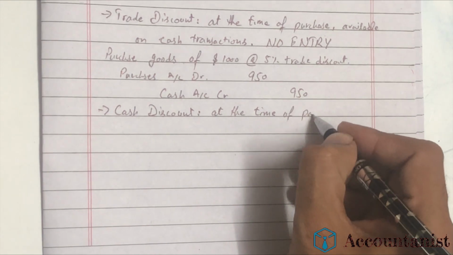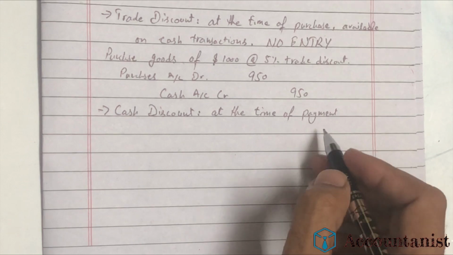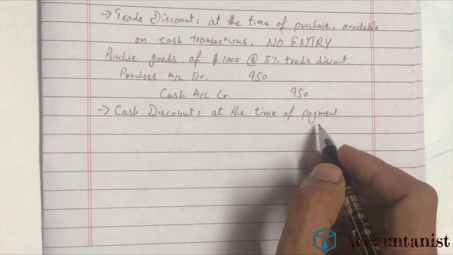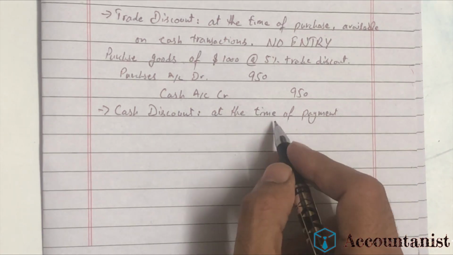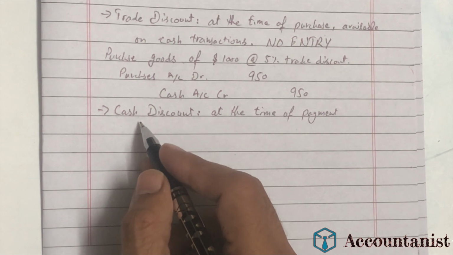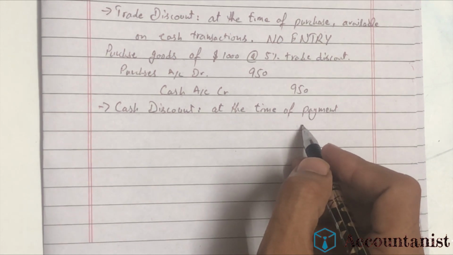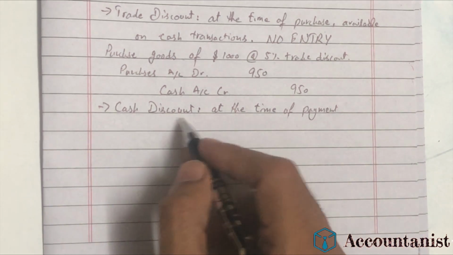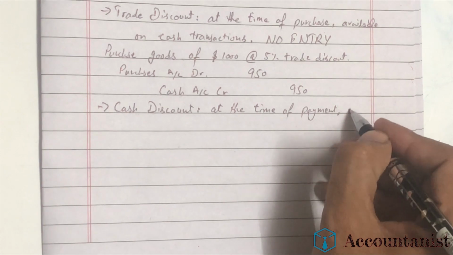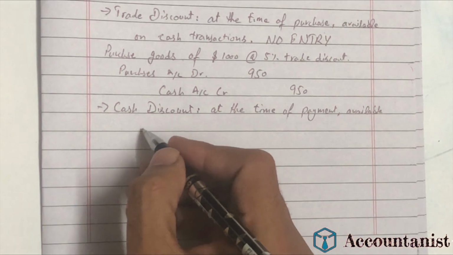It means we purchase some goods or anything on credit. After a certain period of time, once we go for payment, we get some extra discount after meeting some condition. That discount is the cash discount, and it is available on credit transactions.